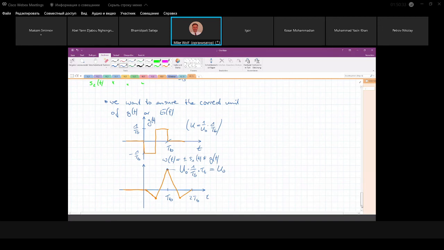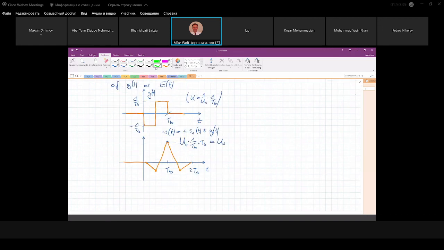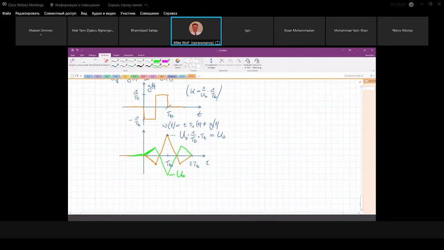So it's U naught, and of course, if we would transmit the negative pulse, it would look like this, and then this is minus U naught. In one case, it's U naught, in the other case, it's minus U naught. Still focusing on energy, but we get a real-world amplitude.